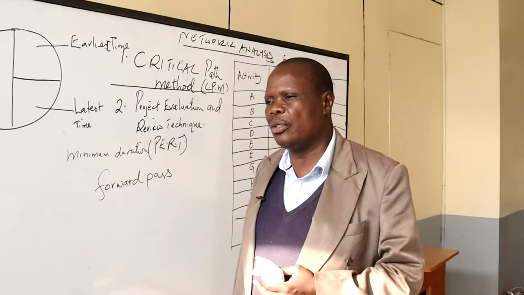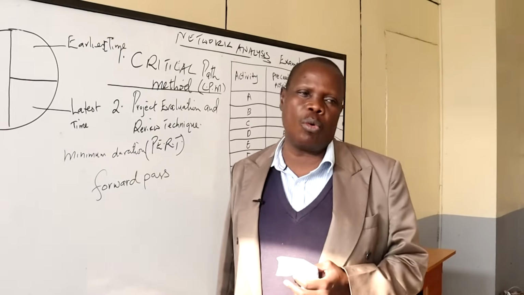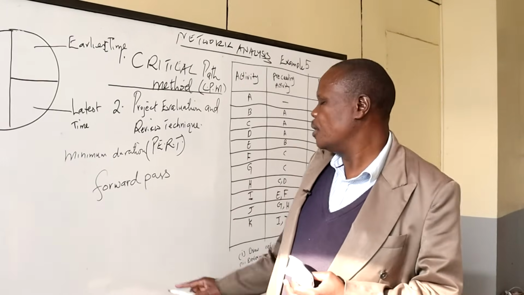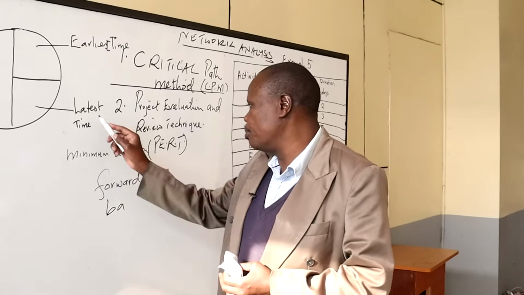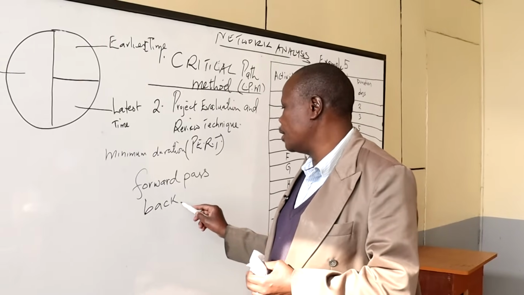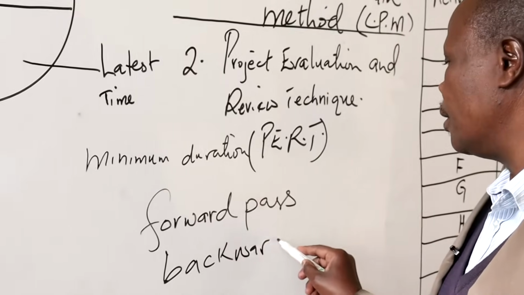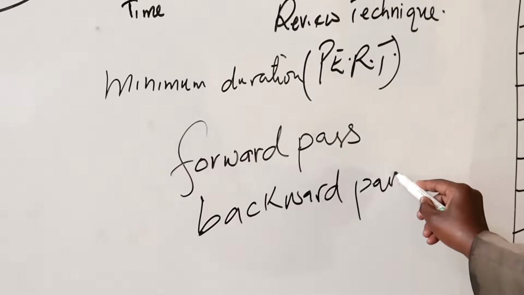That is normally known as backward pass. So that is how to estimate the latest time. That is backward pass.